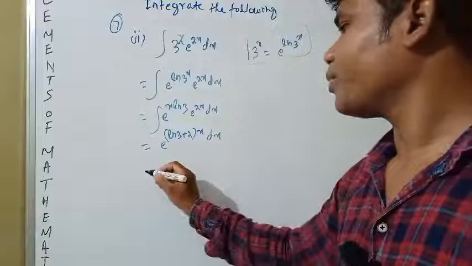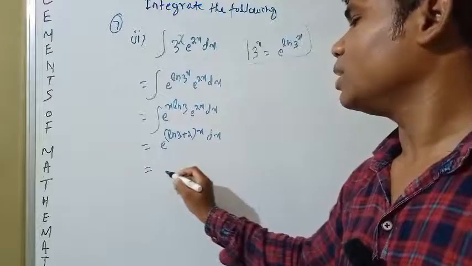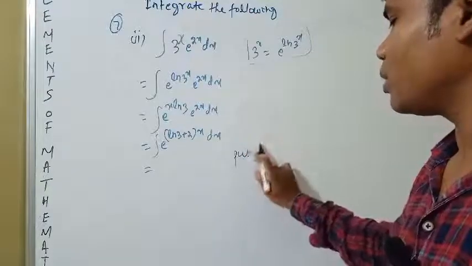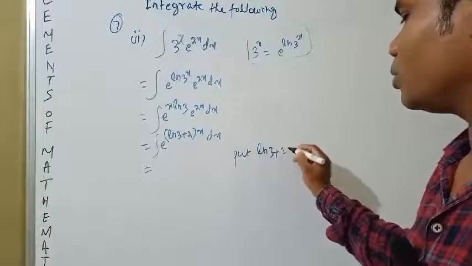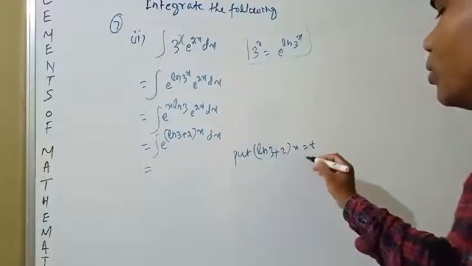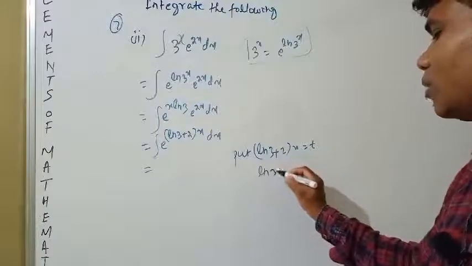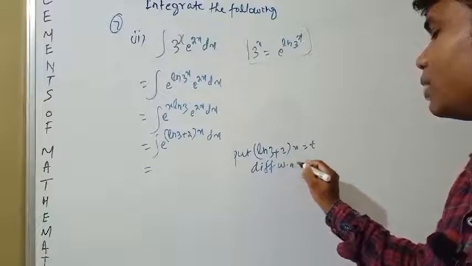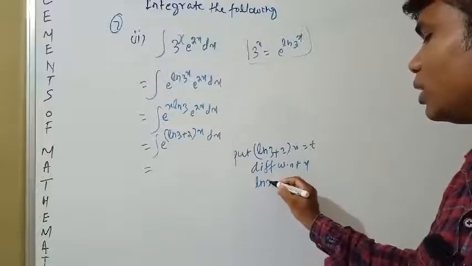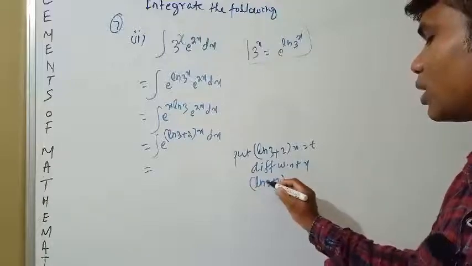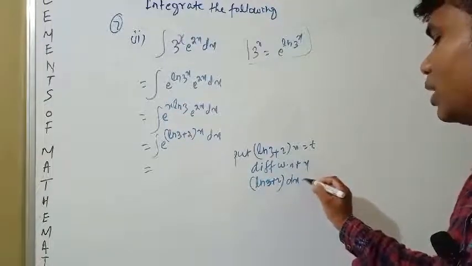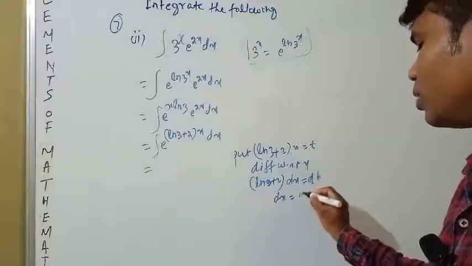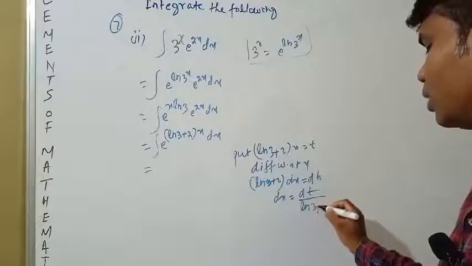Okay, I can put e to the power ln 3 plus 2 x is equal to t. Differentiate with respect to x. Ln 3 plus 2 is a constant, so ln 3 plus 2 dx is equal to dt. Dx is equal to dt by ln 3 plus 2.